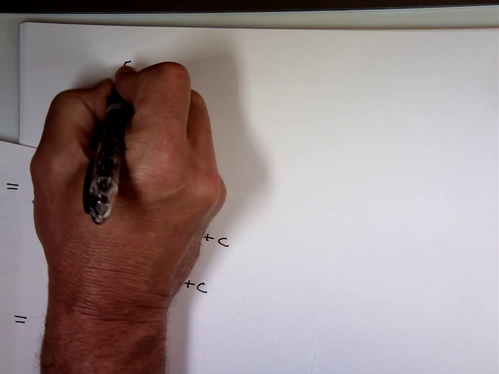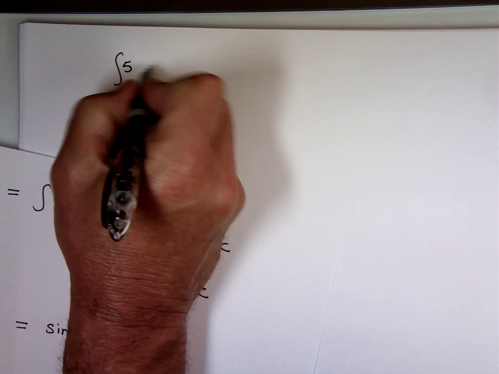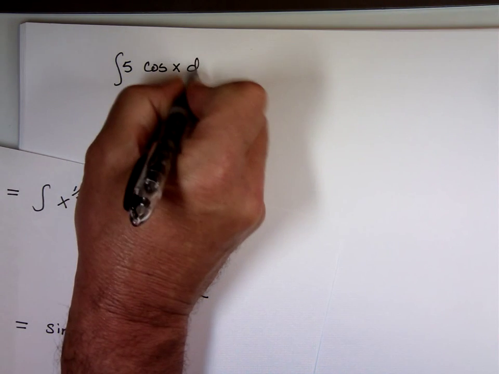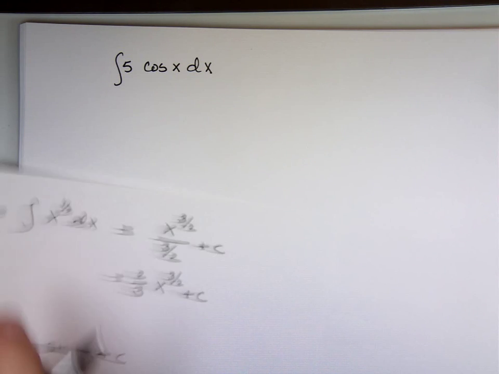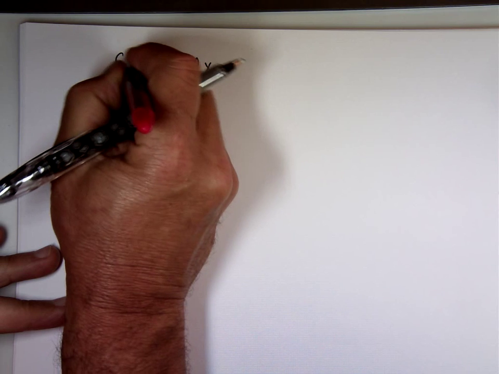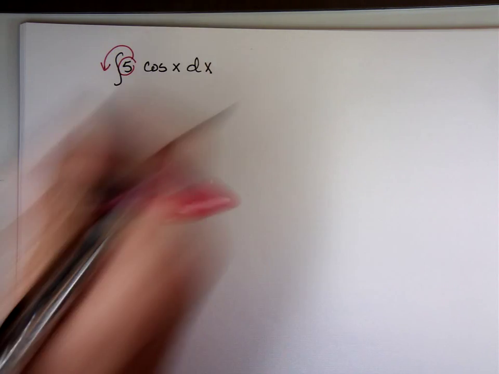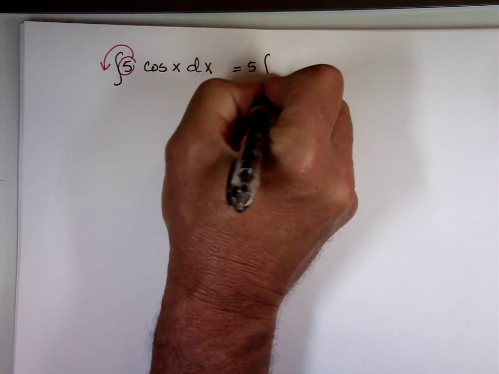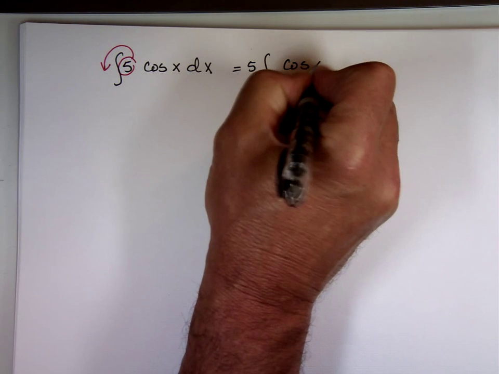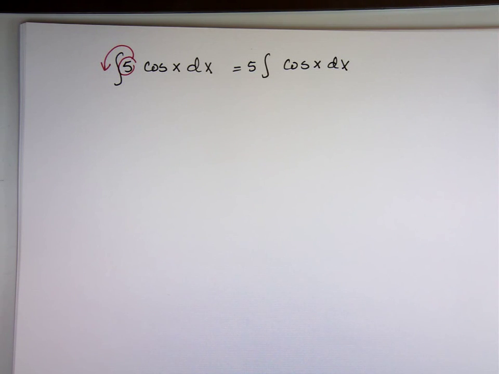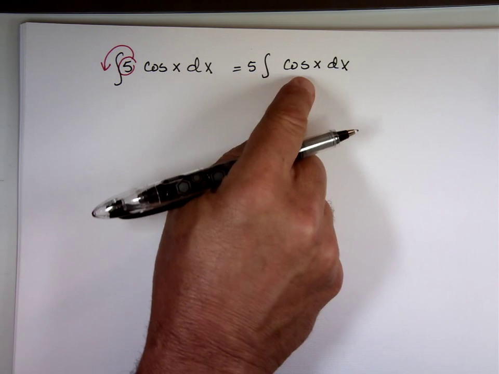If you have constants with them, like the integral of 5 cosine of x dx, the good news about the constant is that you can pull it out and put it in the front. So I can take it to the front and make that 5 times the integral of cosine x dx. And what function is the derivative of cosine x?